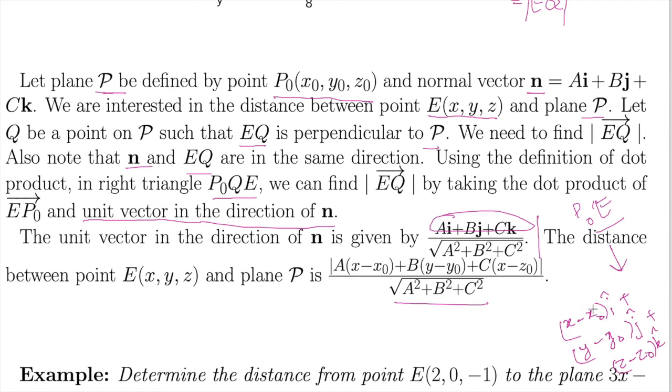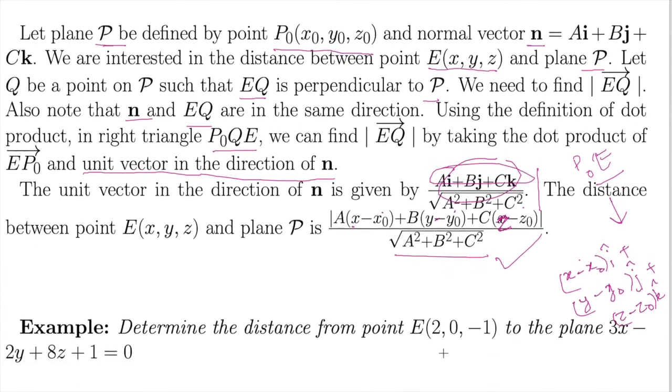If we want to find the dot product of this vector and n, we will get a times x minus x0, plus b times y minus y0, plus c times z minus z0, divided by the magnitude of n. So this is the distance of the point x, y, z to the plane which has the point x0, y0, z0, and the normal vector is given by ai plus bj plus ck.